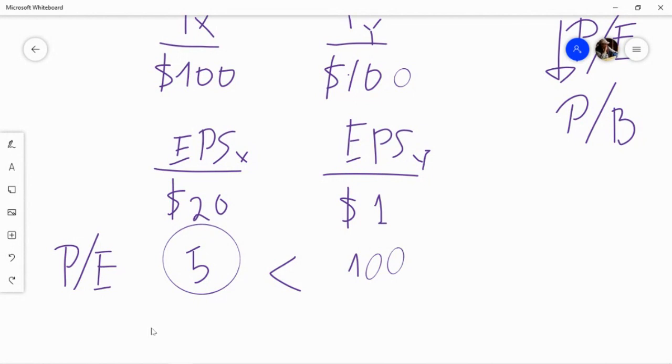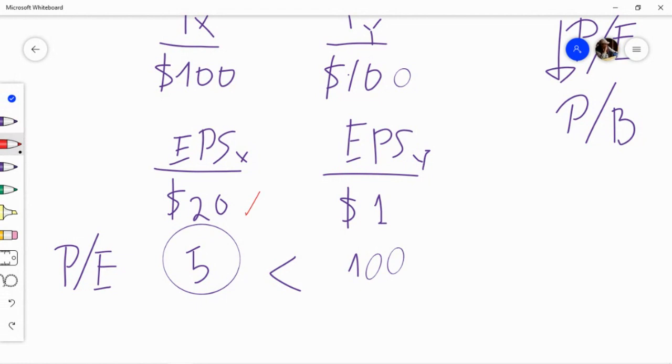for the same price, you would prefer a stock that pays more earnings, right? That gives you more return, rather than the stock that for the same price gives you only $1 profit.